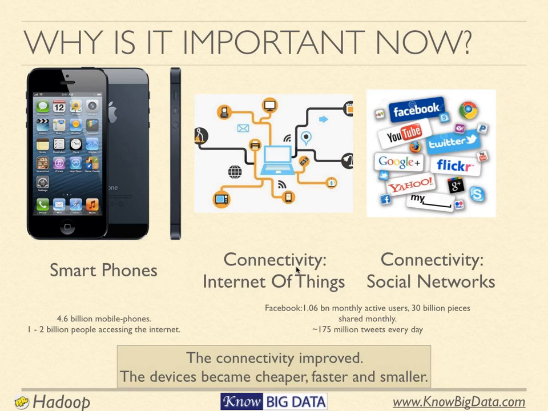So on one hand, the physical hardware, like the camera and the radio chip, everything has become smaller, cheaper, and faster. And even the battery has become far better.